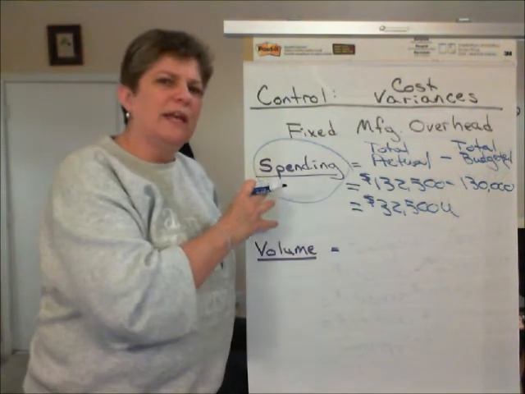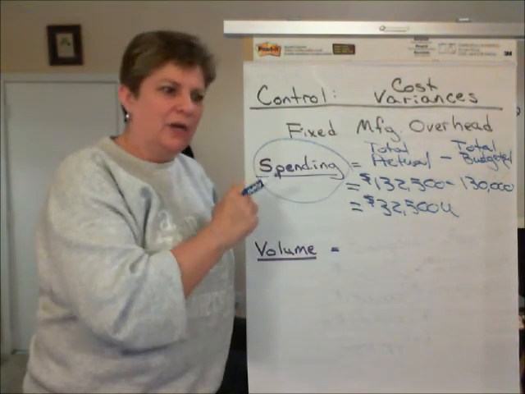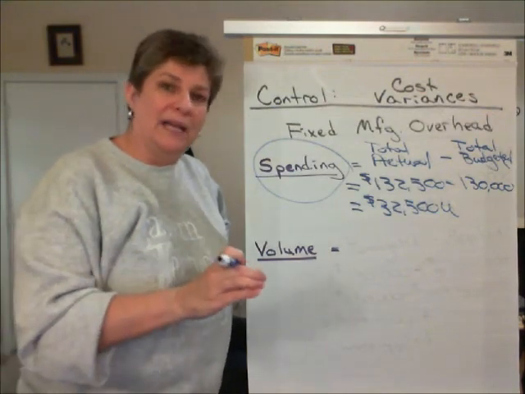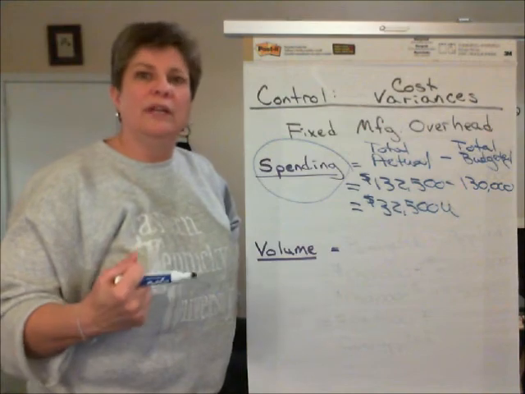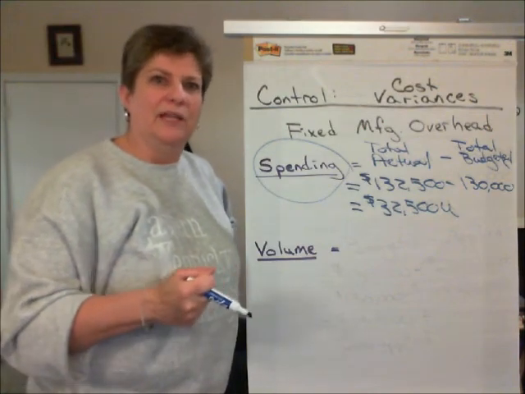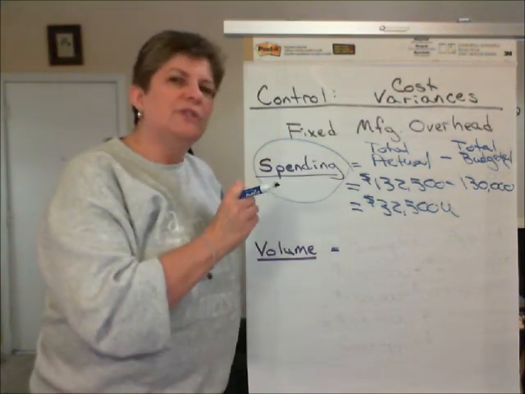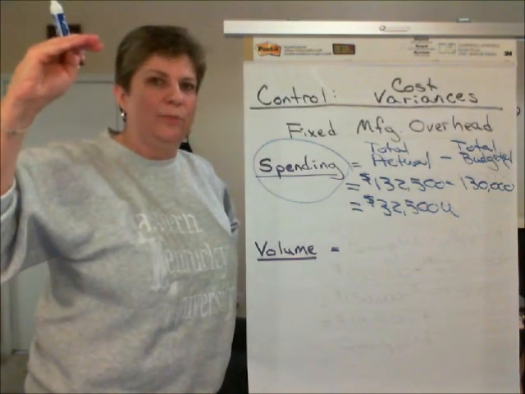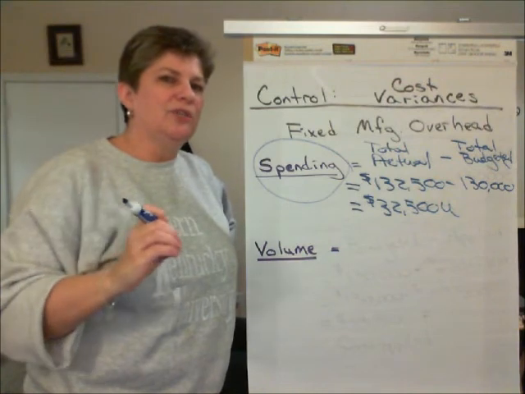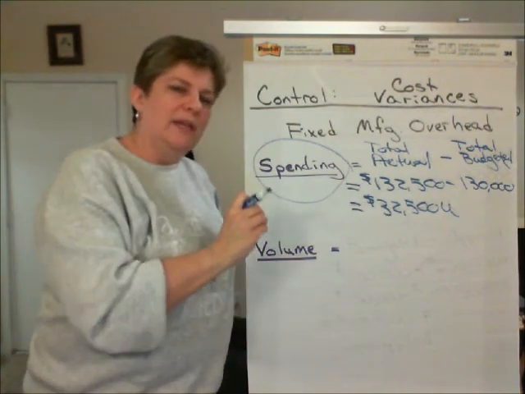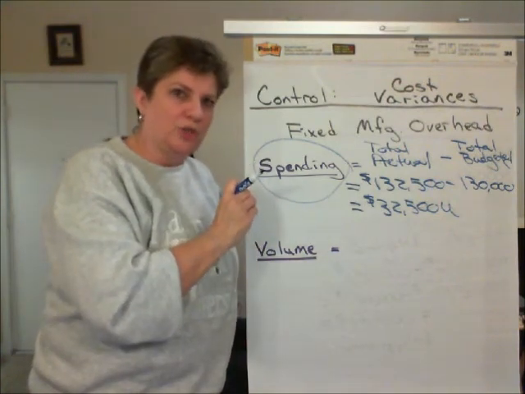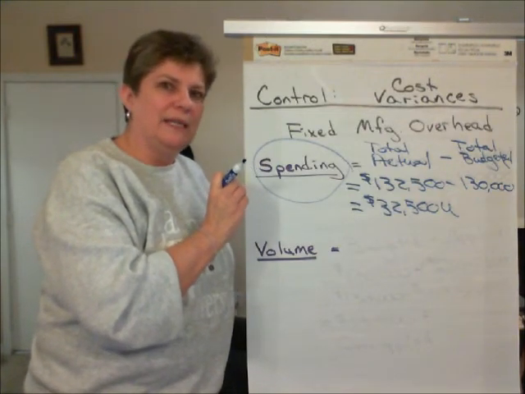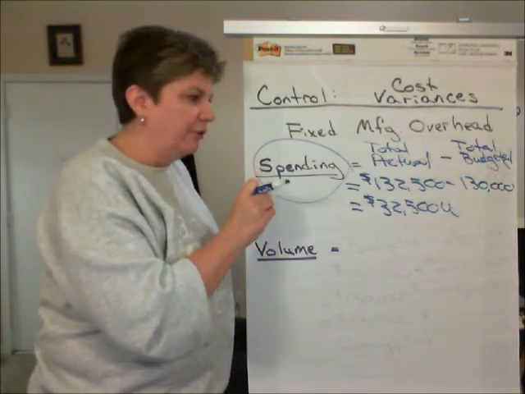So fixed overhead spending decisions, whether it be buying a new piece of equipment that we hadn't planned on buying, or giving raises that we hadn't planned on giving, those decisions lie with upper level management. They're not usually decisions that are made solely within the factory, within the production facility. So production management would not be solely responsible for this variance.